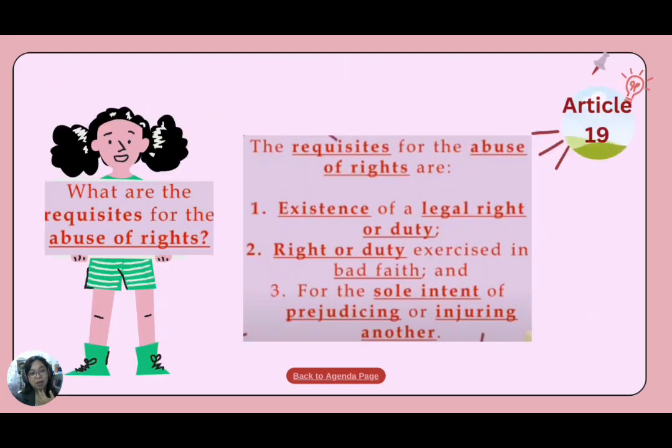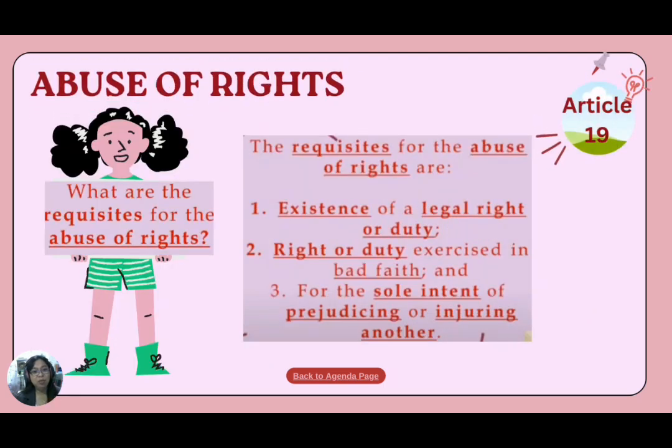Okay. So the requisite of the abuse of rights are: number one, there must be an existence of a legal right or duty. Number two, that the legal right or duty is exercised in bad faith. At yung pangatlo, for the sole intent of prejudicing or injuring another.